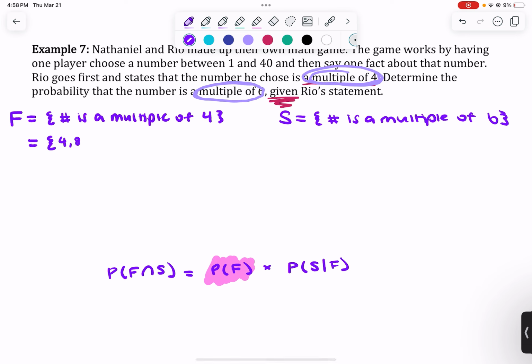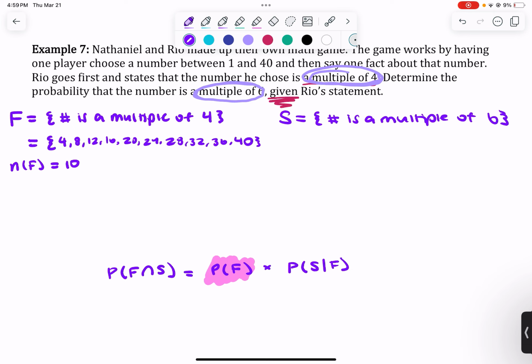I've got 4, 8, 12, 16, 20, 24, 28, 32, 36, and 40. Now, if I were to count all of those numbers in that set, there's 10 of them, right? The number of elements in set F is 10.